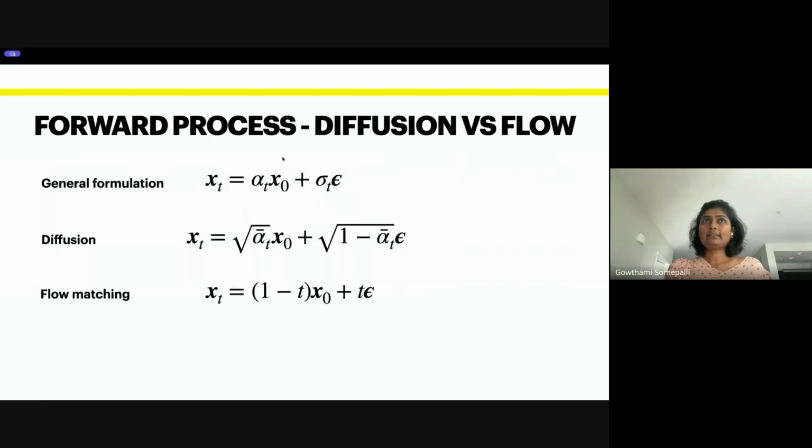And you can write it in a unified form, where you multiply x naught with some constant, and then sample a random noise, multiply it with another constant, and just add these two to each other.